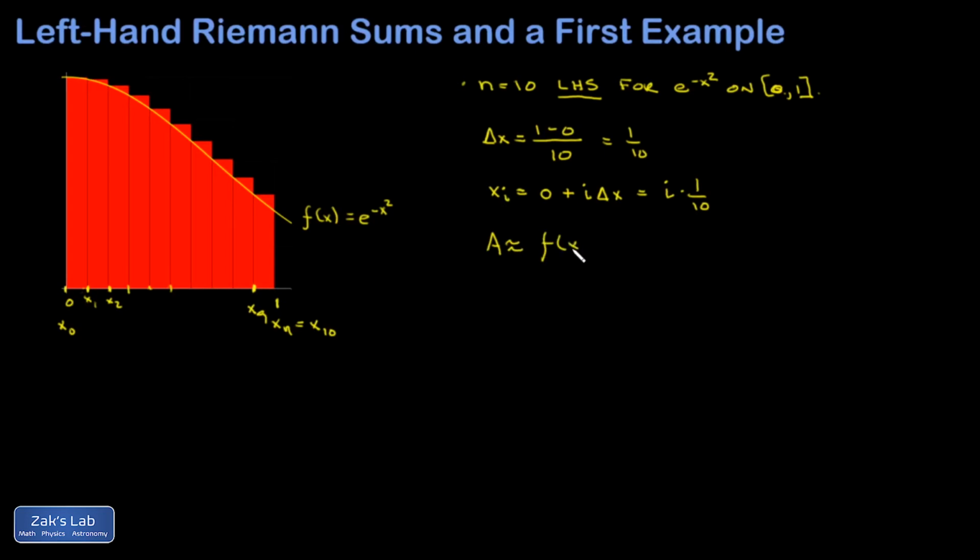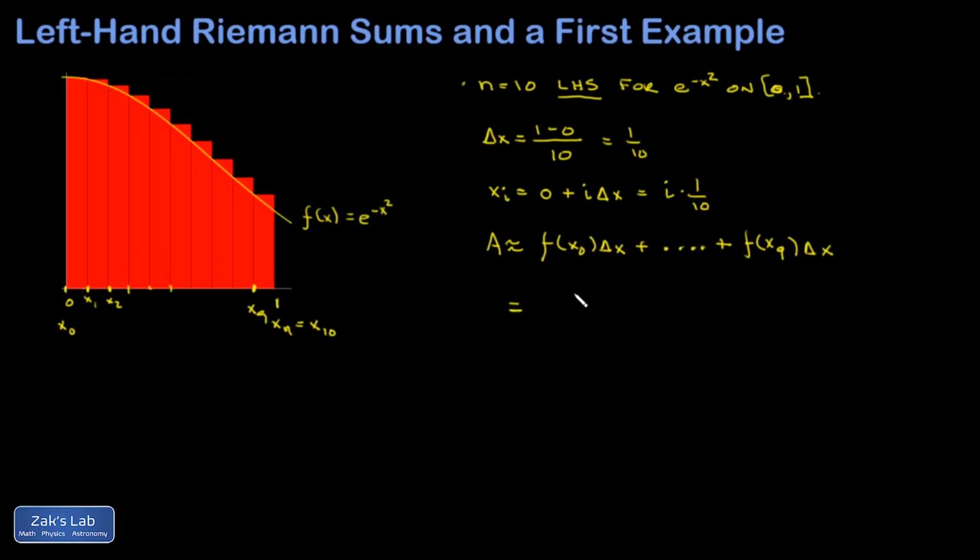Then my area approximation, I'm going to write it in expanded form one more time. It's going to be f of x0 delta x plus f of x1 delta x, and so on, all the way until I get to the last one, which is 1 less than n, because I'm measuring the height from the left end of the subinterval. And that'll be x9 delta x.